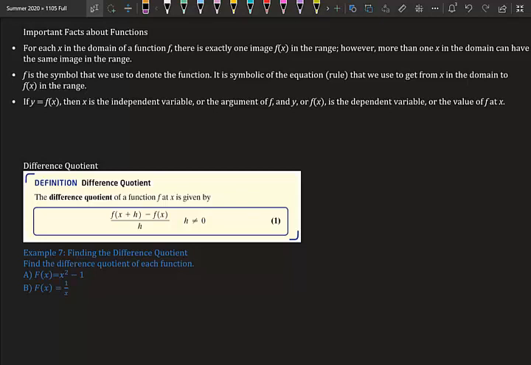If y equals f of x, then x is the independent variable, or the argument of f, and y, or f of x, is the dependent variable, or the value of f at x. So y is dependent and x is independent, because without x, we have no y. We need to plug in x to get y, so y is 100% dependent on x.